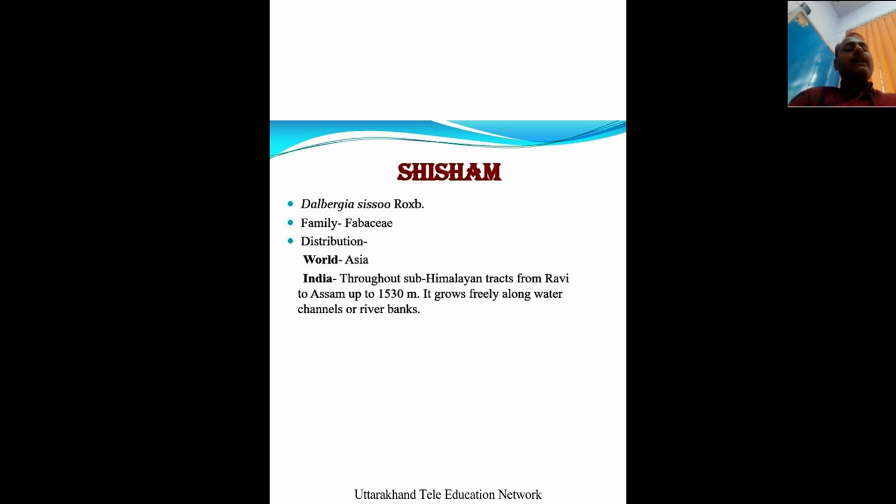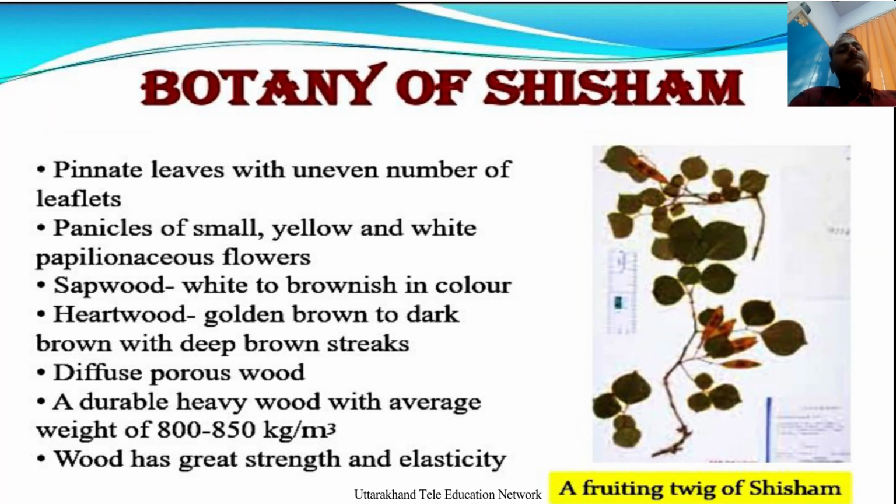It is distributed in Asia, including India, and in India it is found throughout sub-Himalayan tracts from Ravi river in Punjab to Assam, up to 15-30 meters. It grows freely along water channels and river banks. So Shisham, Dalbergia sissoo, has that much range of distribution.